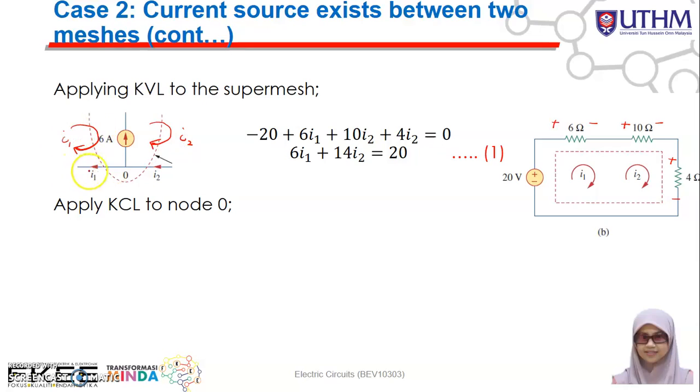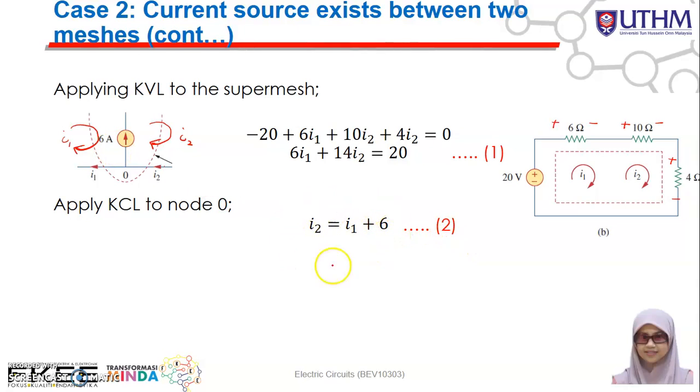So the branch current here is equal to the mesh current I1, and the branch current I2 is equal to the mesh current I2. Then you have another branch current: a current source of 6 ampere here. When we apply KCL to this node, the total current going in is equal to the total current going out, which is I1 and 6 ampere. So I2 is equal to I1 plus 6. This is your equation number 2.